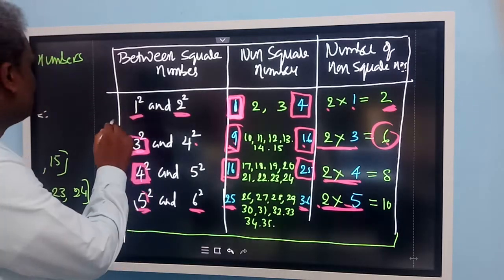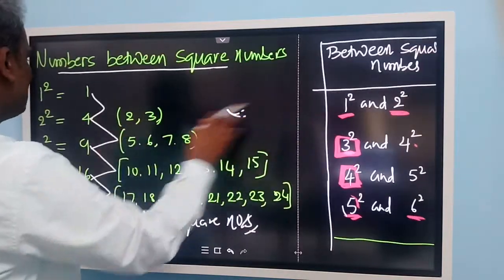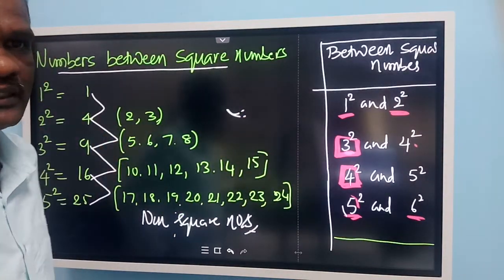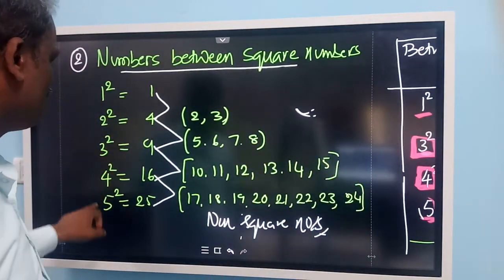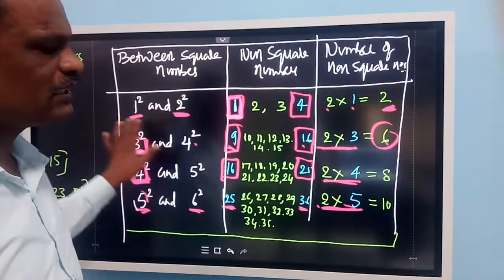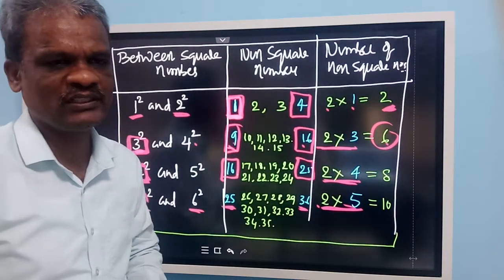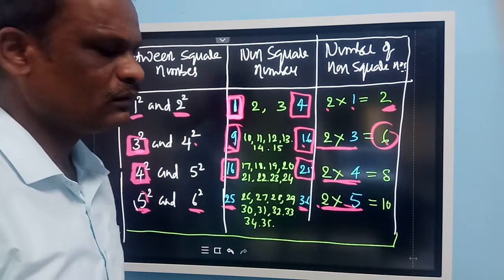This is between consecutive square numbers only. We are taking numbers between consecutive square numbers only. See, 1 square, 2 square, 3 square, 4 square, 5 square, 6 square, like that, consecutively. So you got the formula to find the non-square numbers between two consecutive square numbers. It is 2 into n.